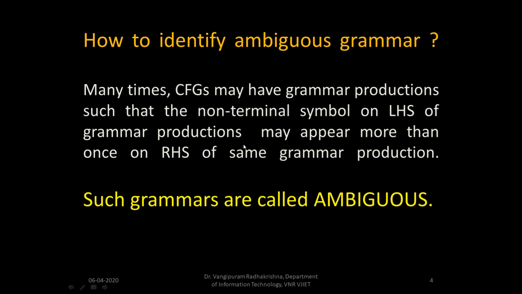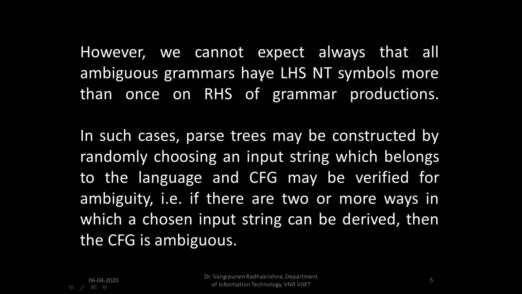Then, having known how to identify a given grammar to be ambiguous by referring to the non-terminal symbol present on the left-hand side and the possibility of it being present on the RHS part of the grammar production twice or more, we are minimizing the process of derivation.